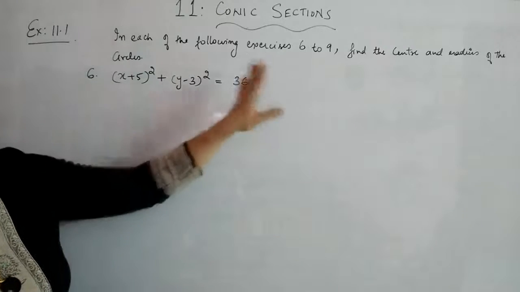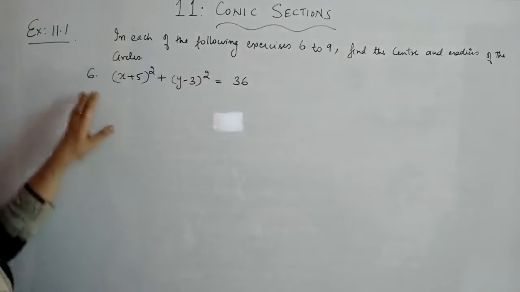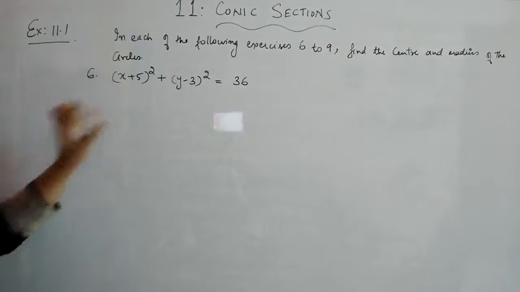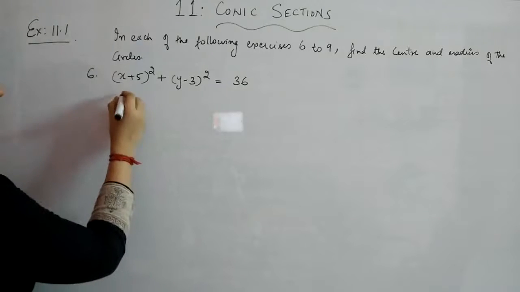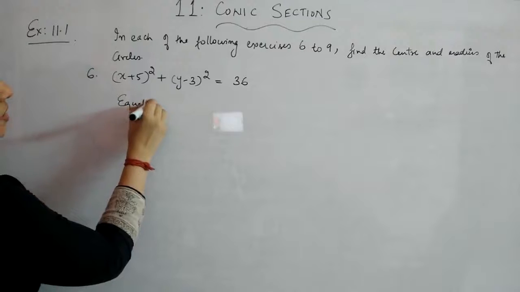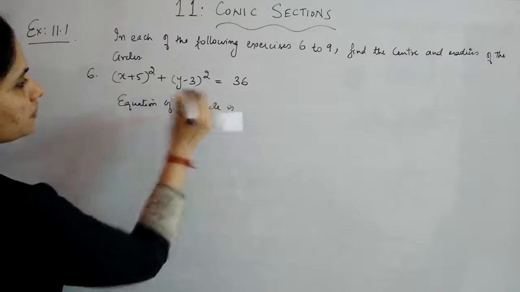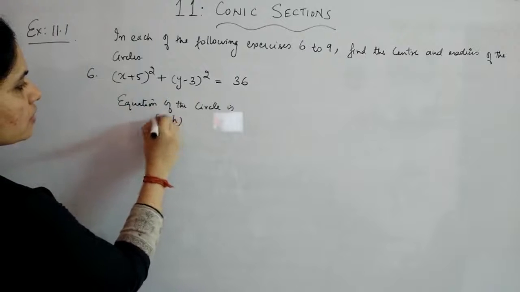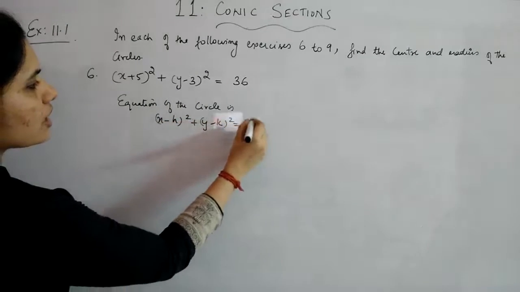Next, you have to find out the center and radius of the given circles. So first question, that is question number 6, is x plus 5 the whole square plus y minus 3 the whole square equal to 36. Now we will compare this with the standard form of the equation. Equation of the circle is x minus h the whole square plus y minus k the whole square equal to r square.